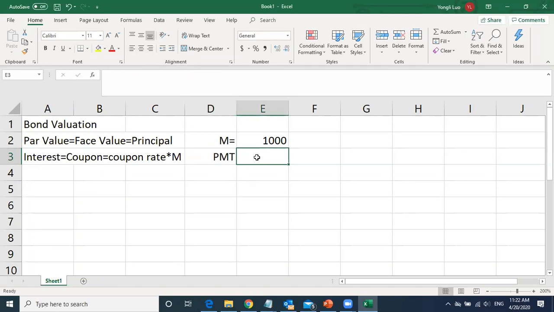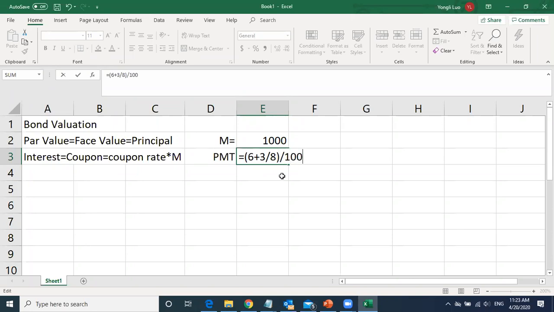So that payment is going to be, remember, 6 and 3/8, 6 plus 3/8 percent.